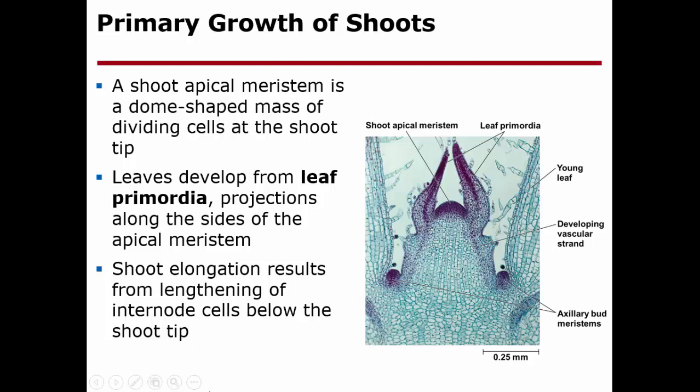So just like in the root, the position of the cells relative to the apical meristem determines what type of cell each one will differentiate into, with the outermost layers of cells forming these leaves and the innermost cells elongating and forming more of the length of the shoot.